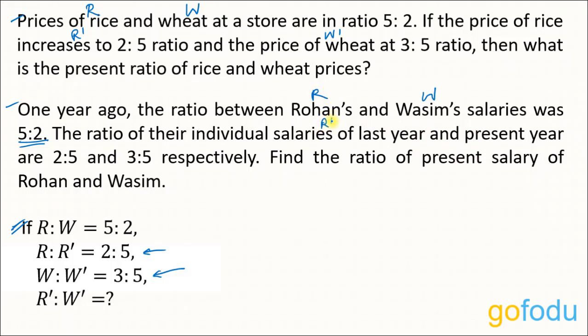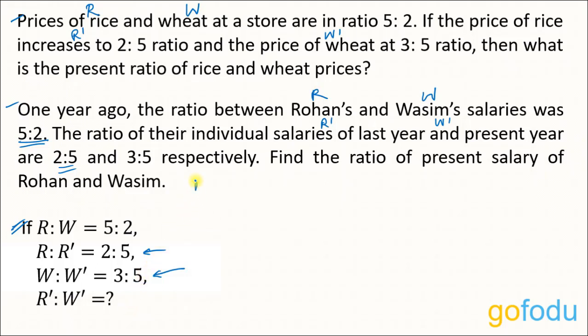So R is to R dash is 2:5 and W is to W dash, old salary of Wasim to new salary of Wasim, is 3:5. We have to find the ratio of present salaries of Rohan and Wasim. That would be R dash is to W dash. That we have to find. So essentially, these three questions are the same. Let's see how to solve them.